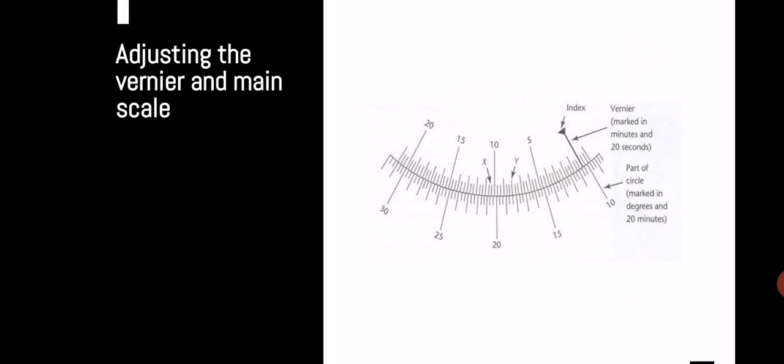The reading should be 0. As we have learned earlier, the vertical circle as well as the horizontal circle must read 0 before we start the surveying process, so as to get the angles accurately.